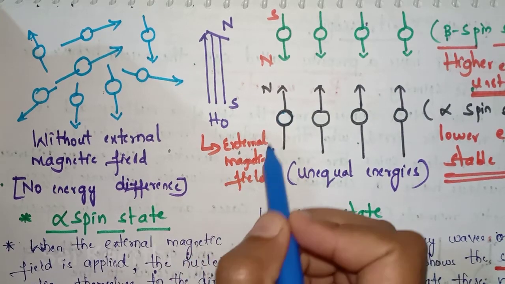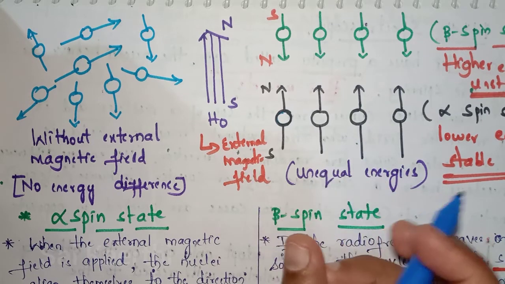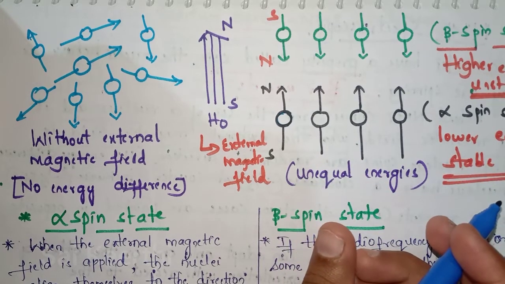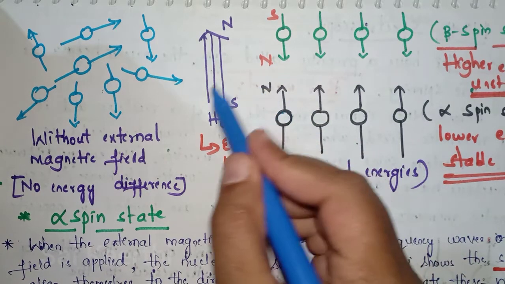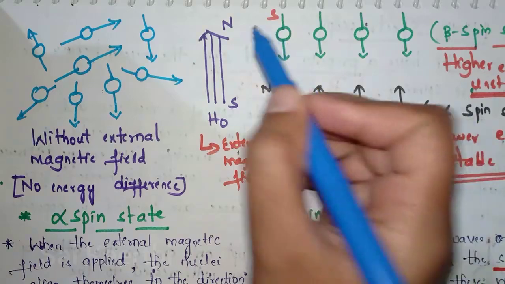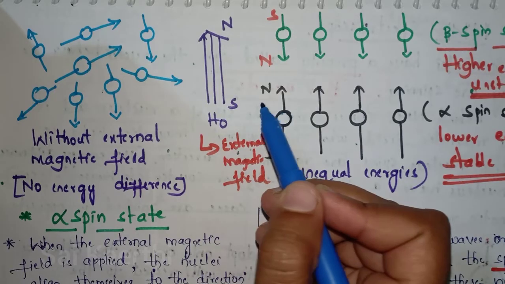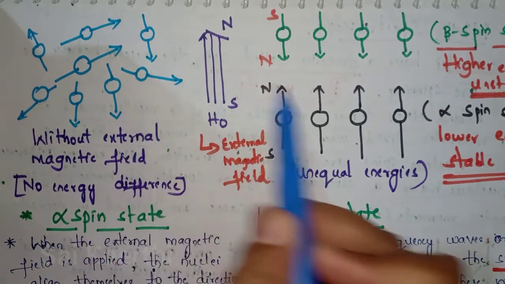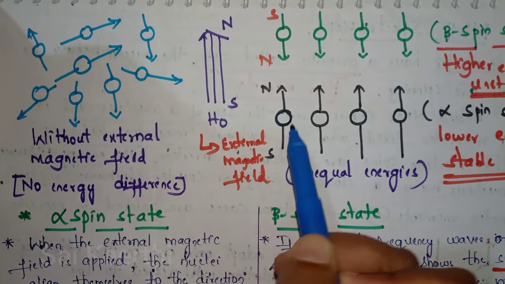But after the application of an external magnetic field, some nuclei will orient or align themselves to the direction of the applied magnetic field. Here you can see the direction of the external magnetic field. Here is the north position and here is the south position. You can see these nuclei are oriented along the direction of the external magnetic field.